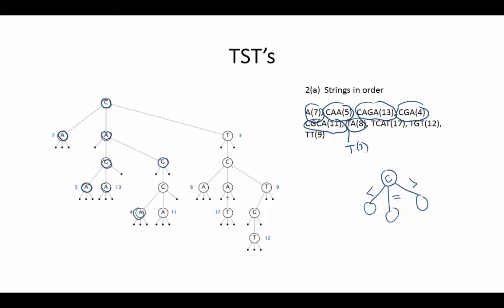So we have TCAT. Then T matches, no match, so we go to G, and then TGT. And then we have TT, which is 9 here. Okay, so that's how we recover the strings in this TST.